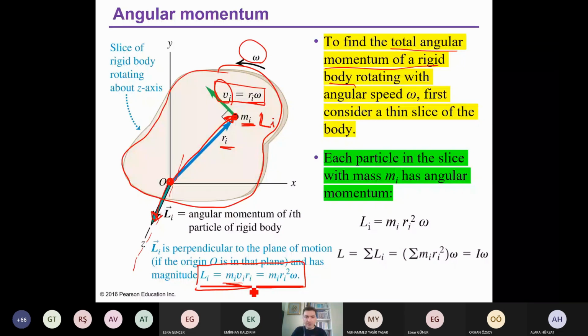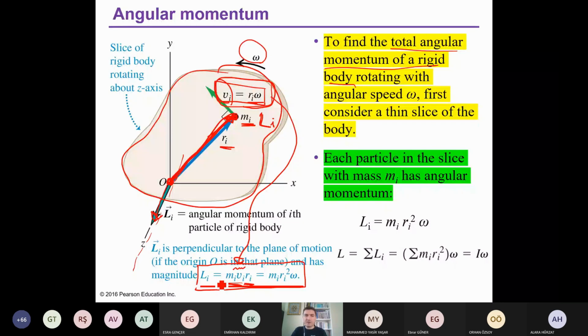So instead of vi here, I can use this expression, ri times omega. Just take this expression, put it there, so I can calculate Li, the angular momentum of the particle here. Then it is given with mi ri squared omega, okay?